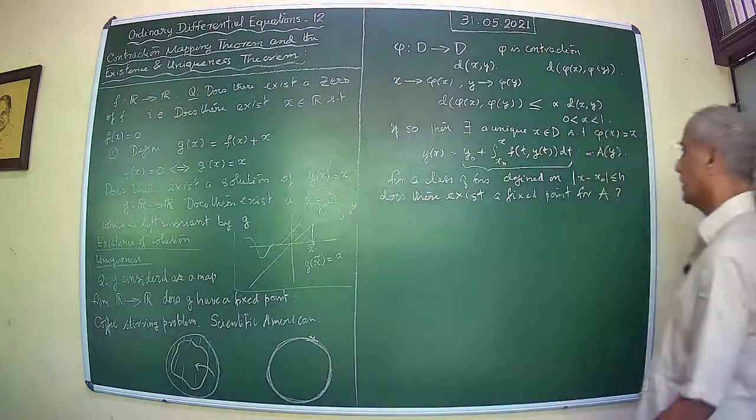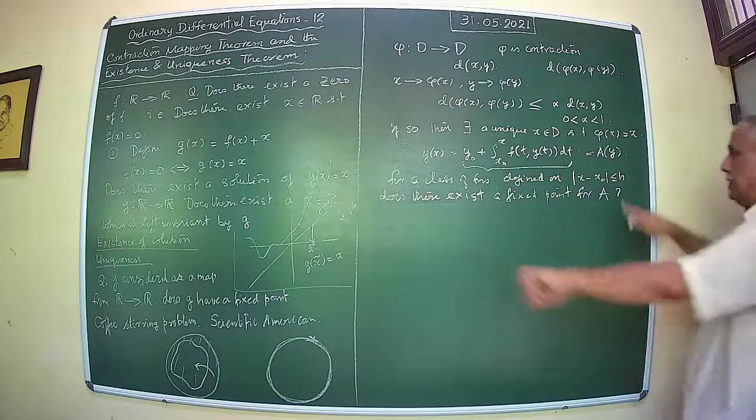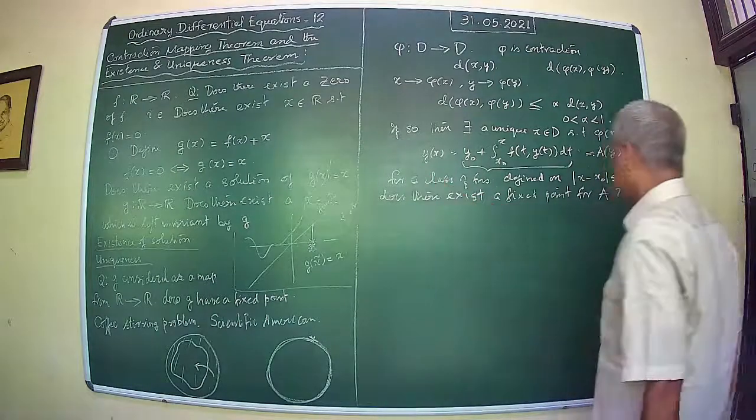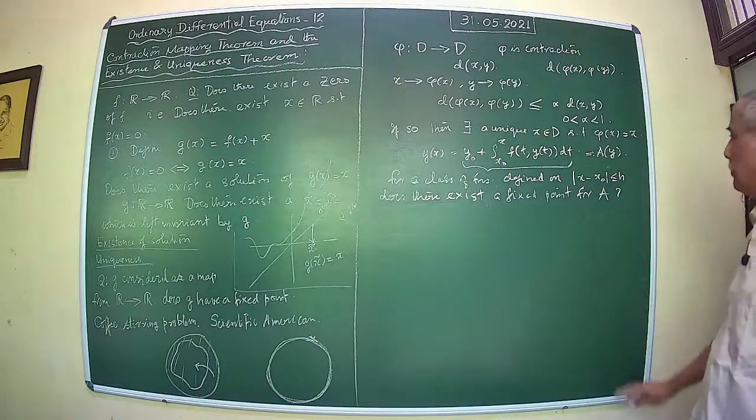That is the question you are asking. The equation becomes Ay equal to y. So you are asking for a fixed point for A.